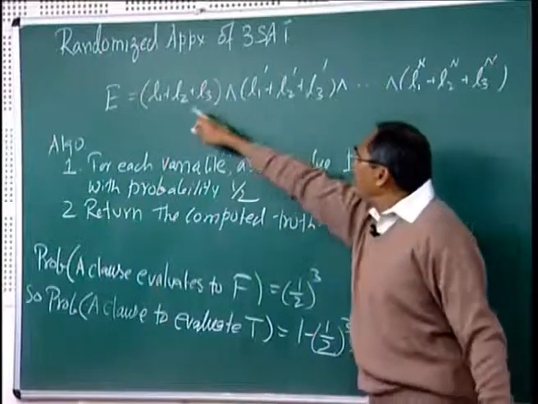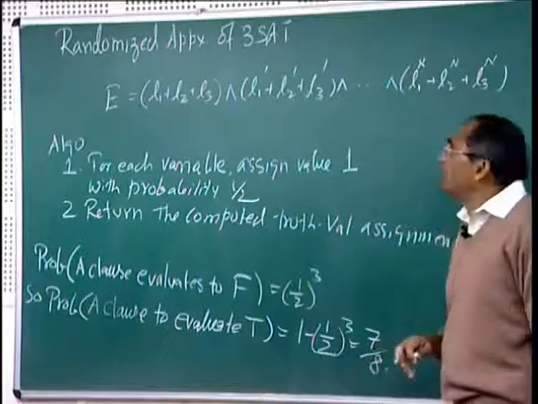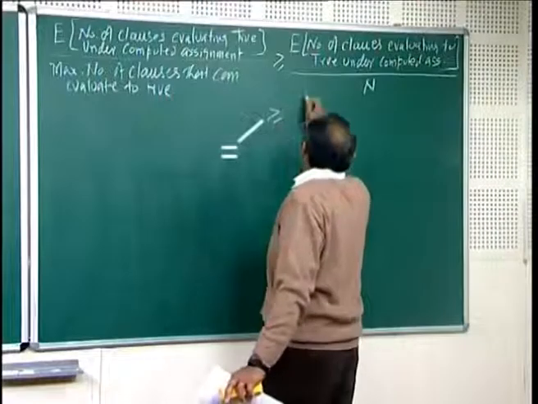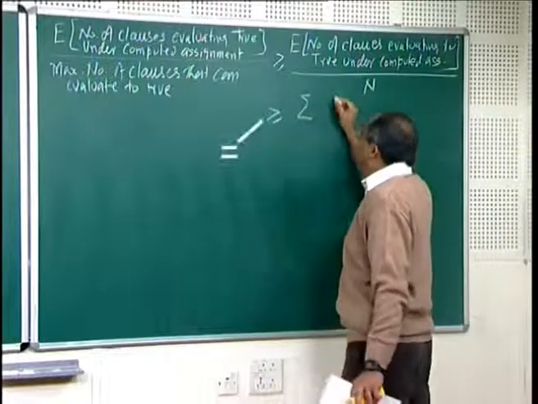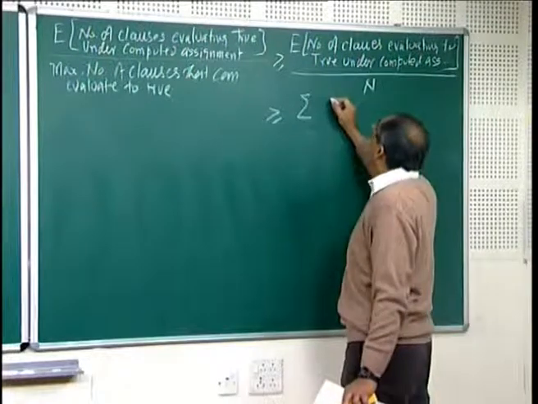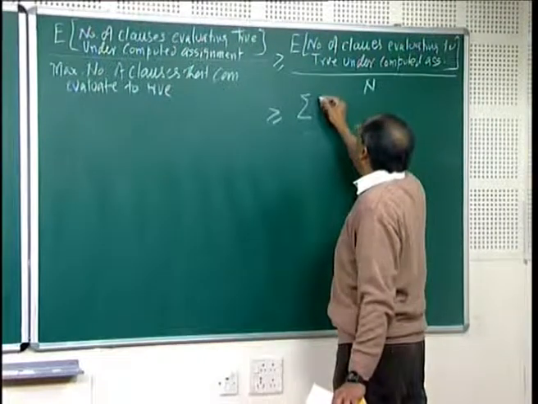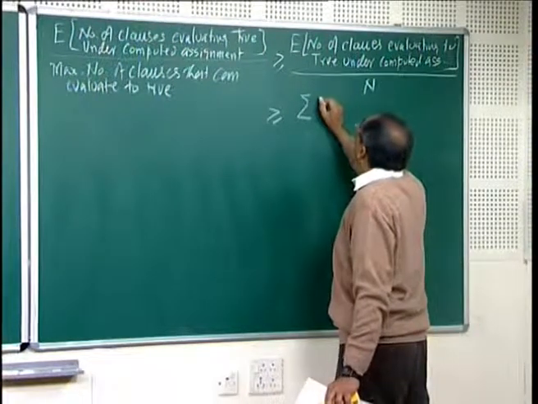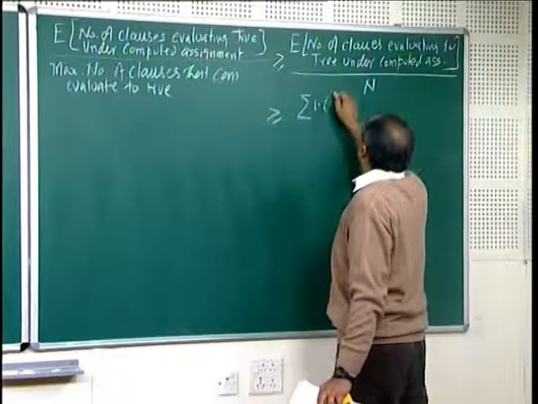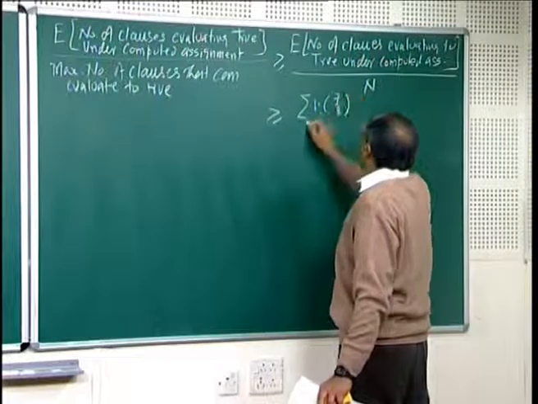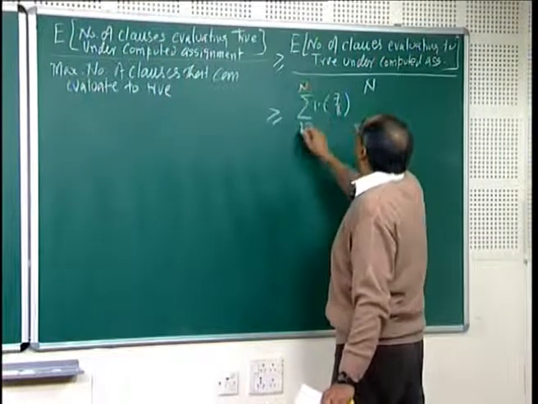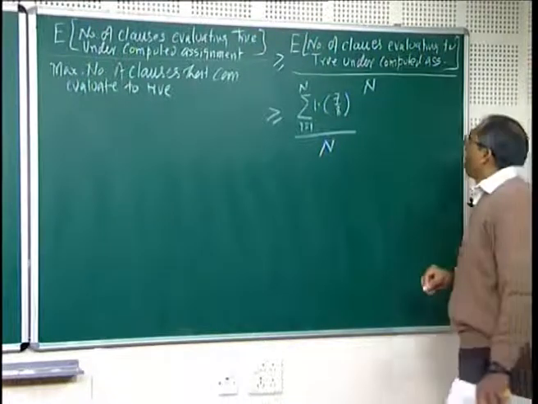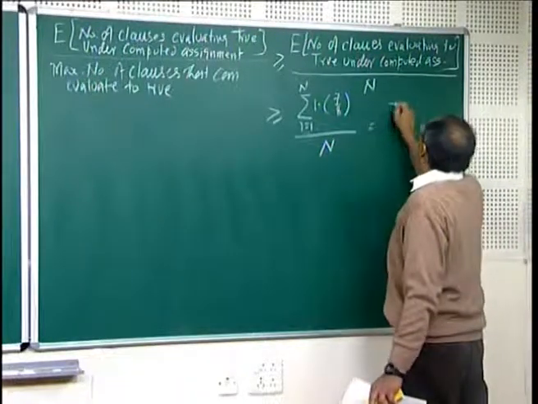So, each evaluates to 1 with probability 7 by 8. So, this itself is greater than or equal to the sum, over a given clause evaluating to 1, of the probability multiplied by 1. So, the sum of 1 times 7 by 8, i going from 1 to capital N, divided by N, which is nothing but 7 by 8.